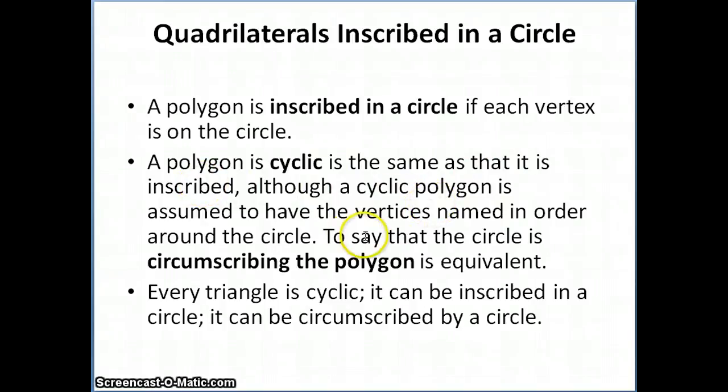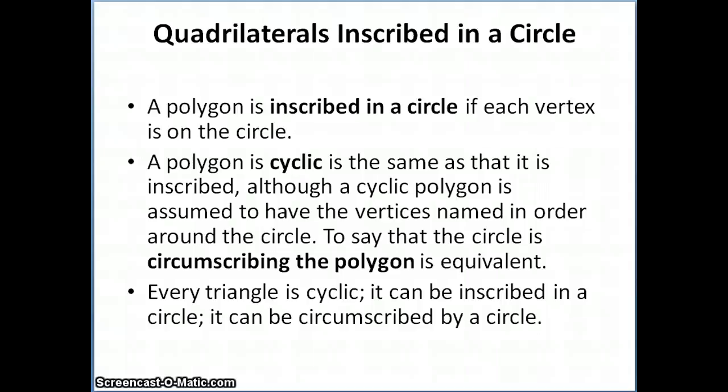A circle circumscribed about the polygon is also an equivalent statement. Every triangle is cyclic, which means for any triangle we can always draw a circle such that this triangle is inscribed in it. Next, in section 2.2, we're going to talk about a circle inscribed in polygons.